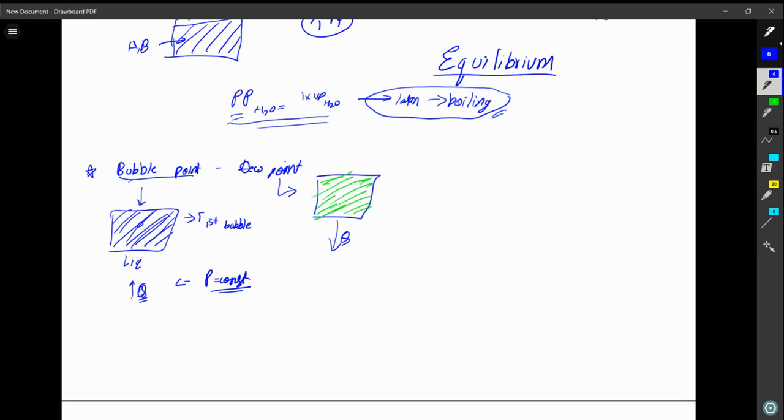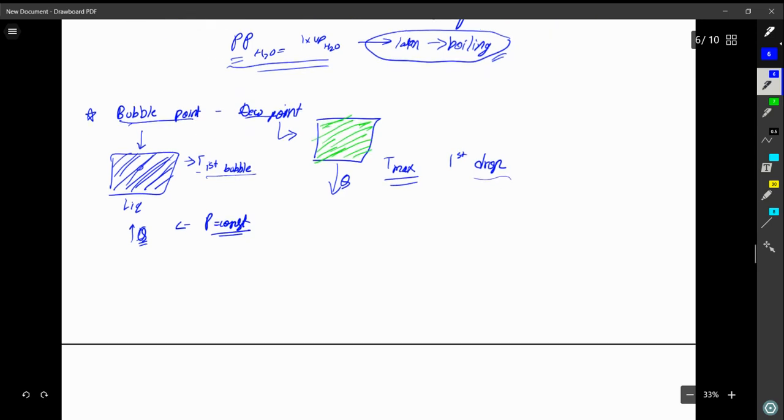The maximum temperature, T max, for the first drop is called the dew point. So you should be clear that T min for the first bubble is the bubble point, and T max for the first drop is the dew point.